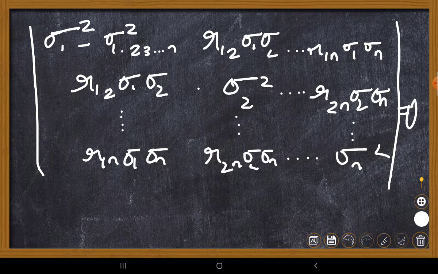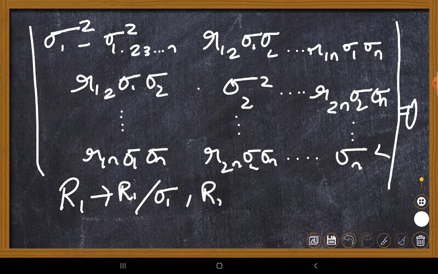Now you have to perform row operations and column operations on this determinant. You divide the first row by sigma 1, second row by sigma 2, and so on.